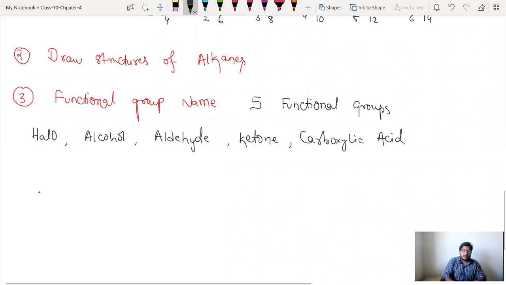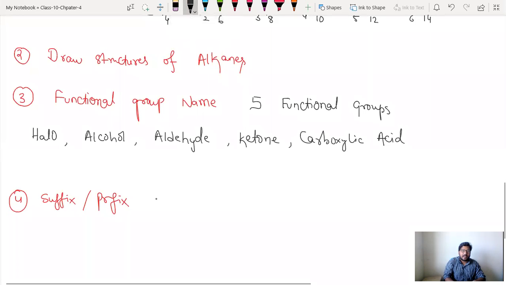Next, fourth requirement, suffix or prefix. If you want to represent halo, do we need to represent it in front of or at the back of the name, suffix or prefix?